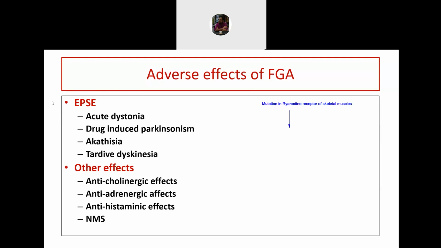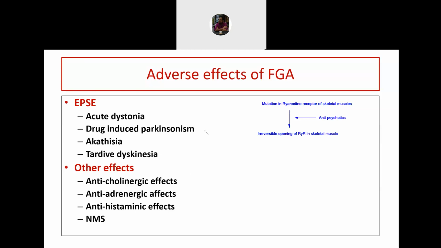When these individuals are unknowingly given the antipsychotic drugs, also known as neuroleptic drugs, for some reason there is an irreversible opening of ryanodine receptor in skeletal muscle.